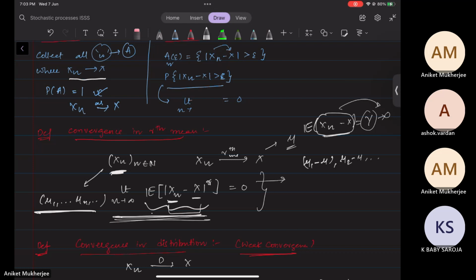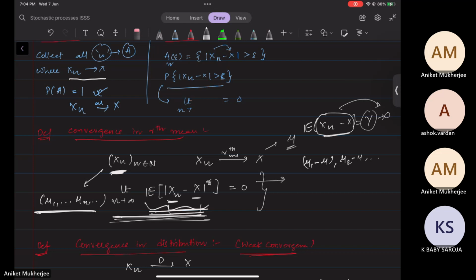So I'm taking something which is random. Using expectation, I'm converting it into real numbers, just numbers, because given a random variable, that expectation would just be a number. So here I have a sequence of numbers. If this real number sequence converges to 0, then I say that the means of the random variables converge at a certain rate.